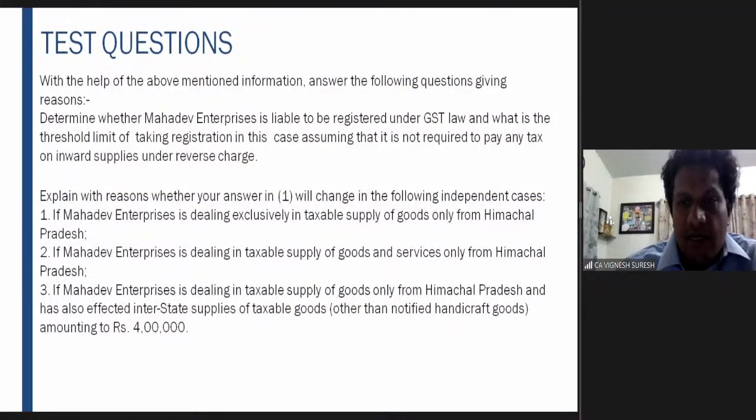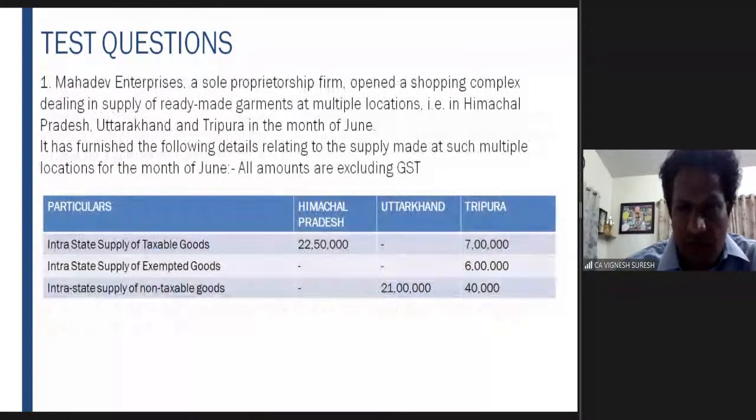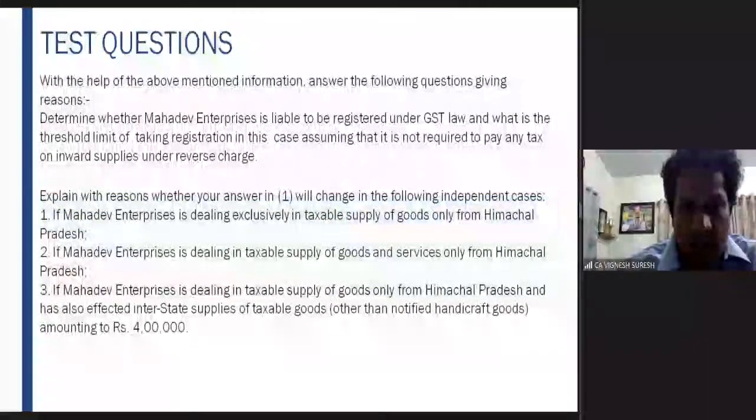Second one, if Mahadev Enterprises is engaged in taxable supply of goods and services only from Himachal Pradesh. So in Himachal Pradesh, he has taxable goods and services. That is the second question. Third, if Mahadev Enterprises deals in taxable supply only from Himachal Pradesh and also effects interstate supply of taxable goods other than notified handicraft goods amounting to 4 lakhs.